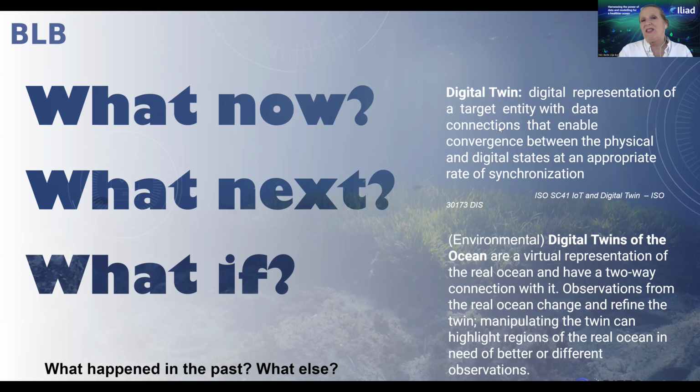And we say, and this is specifically what we address in Iliad, what else? So what is the contextual data around your digital twin of the ocean? It could be a physical installation, it could be statistics, economics around your activity in the ocean. So a little bit about digital twin definition.